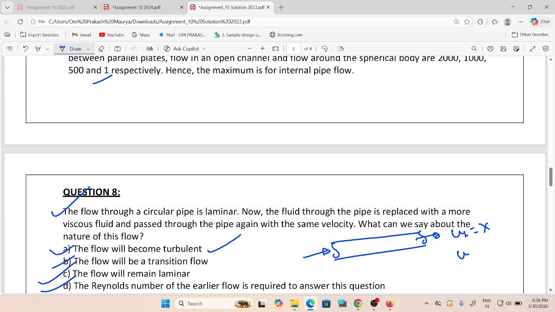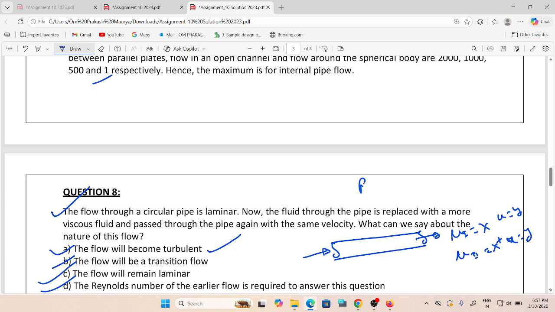Now in the second case your dynamic viscosity is x plus, meaning increased, with the same velocity. If this velocity is y, here also velocity is y.